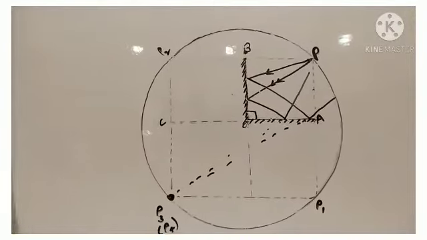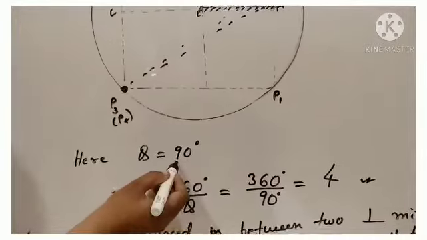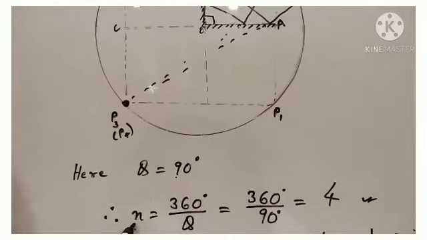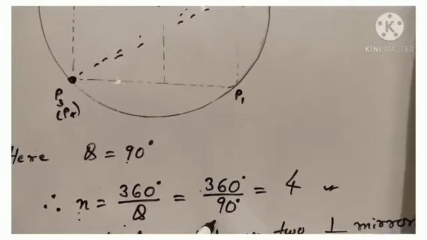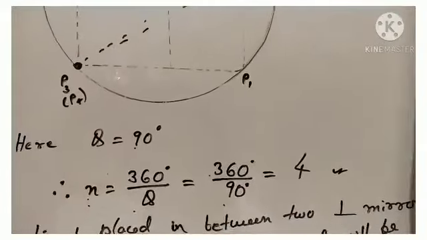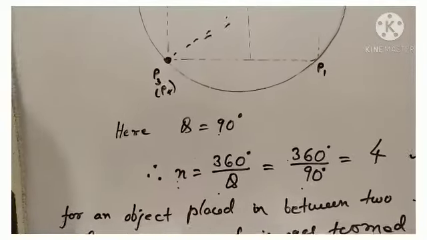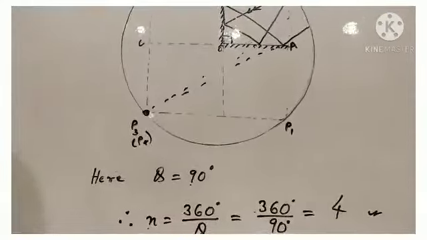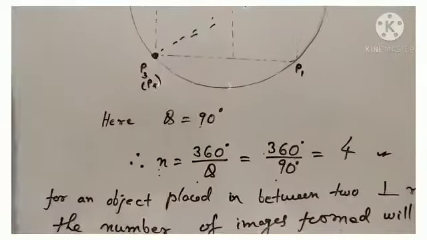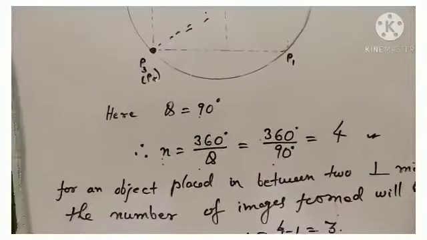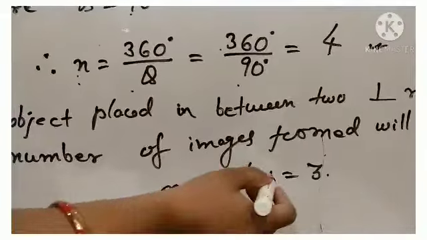To calculate the number of images, we use the same formula. Here theta is 90 degree, so n is equal to 360 degree by theta, which is 360 by 90, that means 4. So n is an even number. When n is an even number, the number of images formed for an object placed in between two perpendicular mirrors will be n minus 1, that is 4 minus 1.